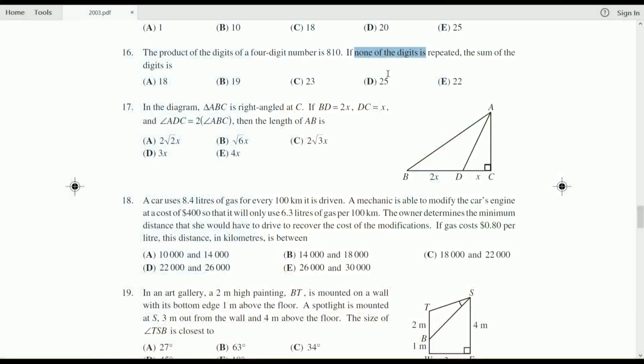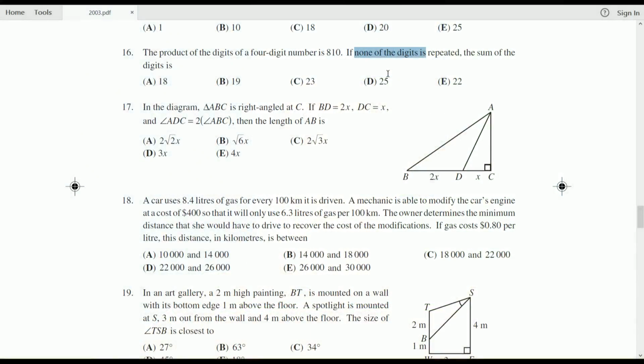But if I know the product is 810, I might grab my pen and start factoring 810 and seeing, can I get 4 distinct single-digit factors for 810? Looking at it immediately, I'm seeing 81 is a factor, because it's 81 times 10. And so 3 and 9 should be factors that I can consider here.